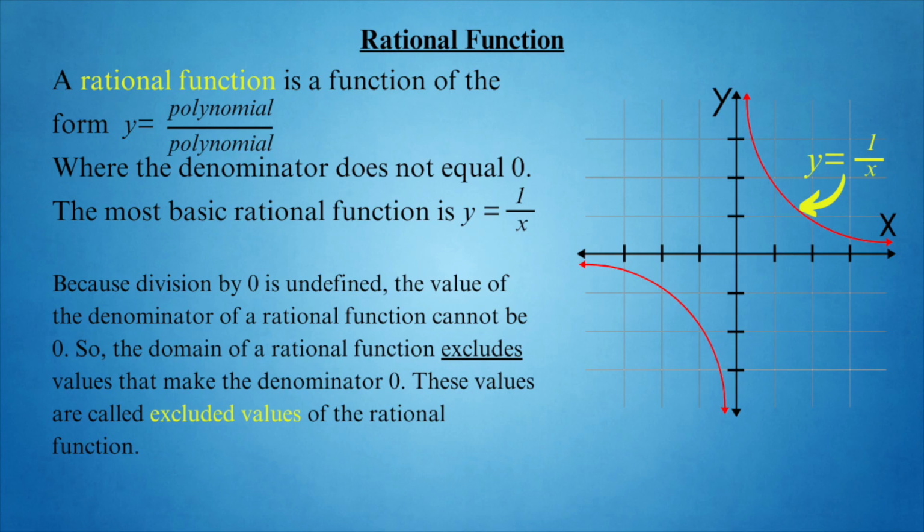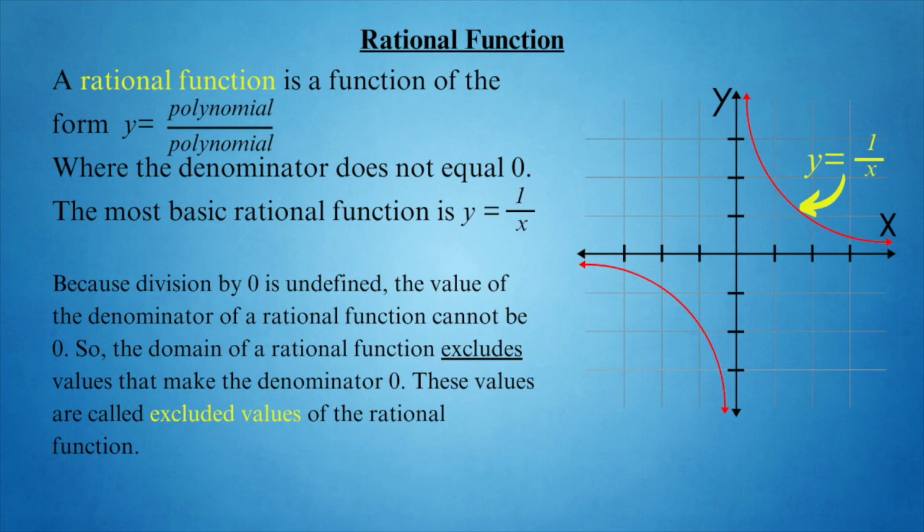When we have the equation y equals 1 over x, we cannot have a denominator of 0. That would be undefined. So we have to look for values in our denominator that are not part of our domain. So 0 is not part of the domain of this graph. Our domain would be all values less than 0 and all values greater than 0, but 0 is not part of the domain.